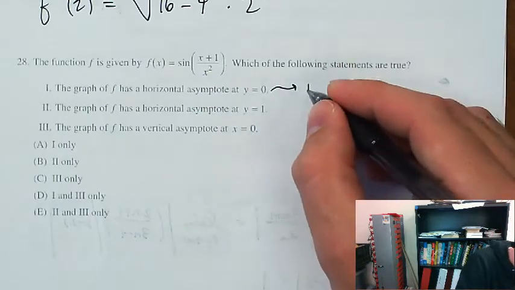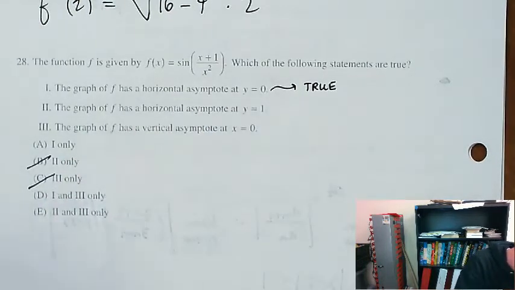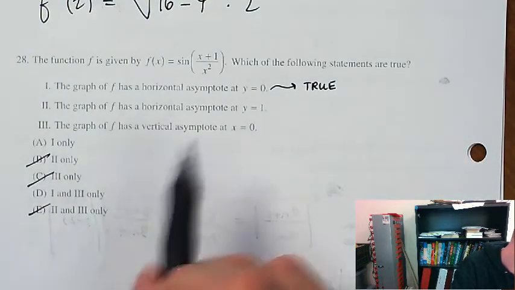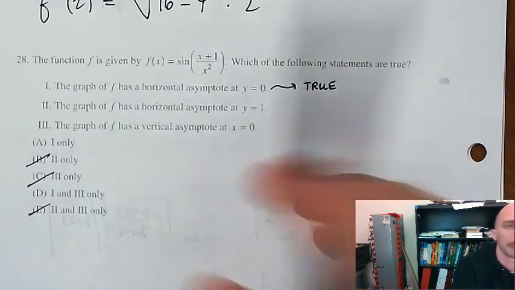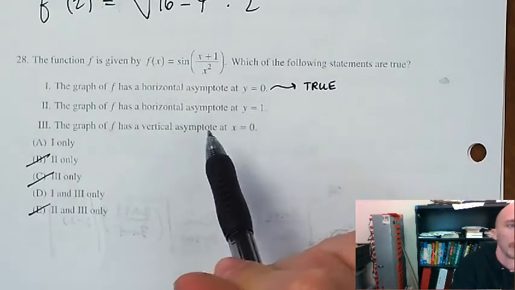So I think this is true. All right, so that means that 2 just can't be true. If this was cosine, then we'd have a horizontal asymptote at y = 1.